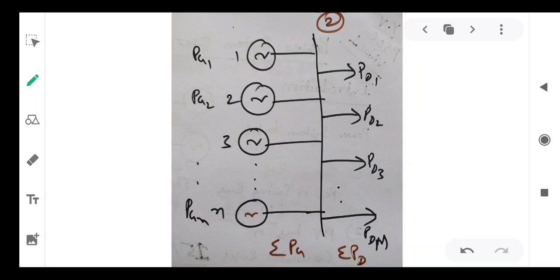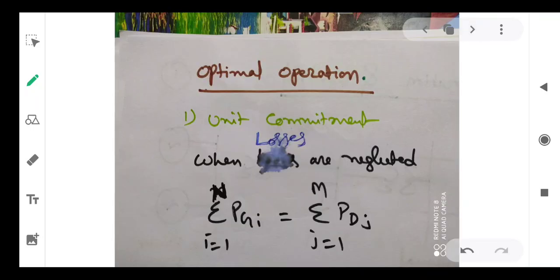Similarly, m loads are there: PD1, PD2 up to PDm. So in a power system, if we don't consider the losses, PL is equal to 0, and hence the power balance equation is nothing but sigma Pgi equal to sigma Pdj.